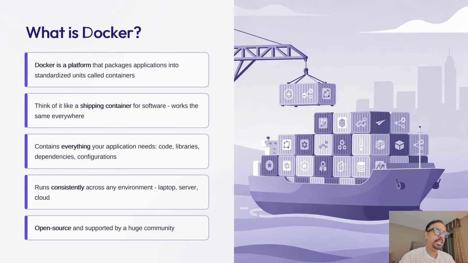This container runs exactly the same way, whether it's on your laptop, your colleague's computer, a test server, or in your production environment on the cloud. There are no surprises, no compatibility issues. Docker is open source, which means it's free to use and has a massive community contributing to it. This makes it incredibly powerful and well supported.